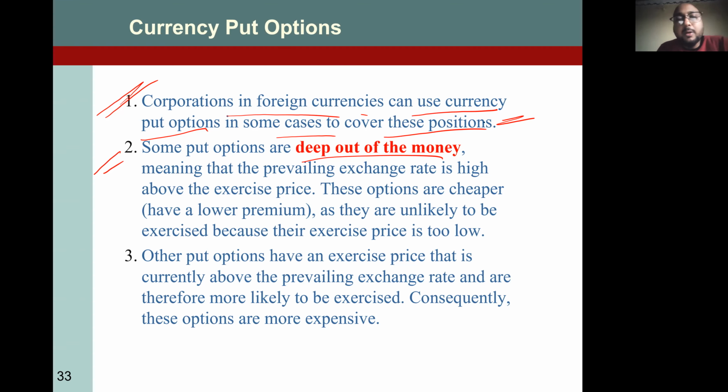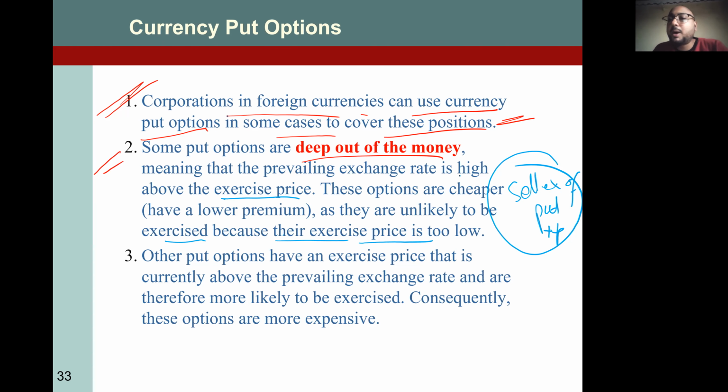Some put options are deep out of money, meaning that the prevailing exchange rate is high above the exercise price. These options are cheaper as they are unlikely to be exercised because their exercise price is low. And how can you make profit? The seller of the put will receive the premium, and that would be his profit because the buyer will never exercise the position. Other put options have an exercise price that is currently above the prevailing exchange rate and are therefore more likely to be exercised.